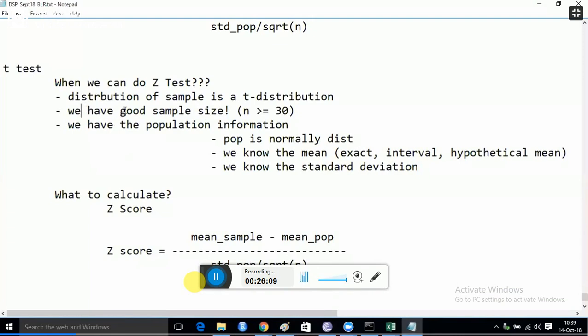For a t-test, we don't have a good sample size. N is less than 30. And we don't have the population information. If you look at the t-test example I had given you, the worker's salary, I never said the worker's salary is normally distributed, did I? Was there any sentence which says that?